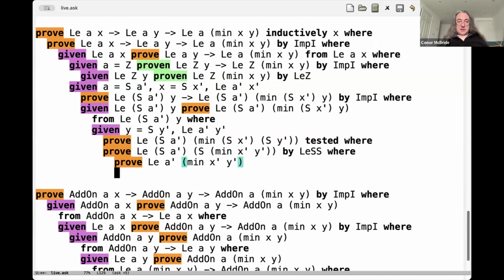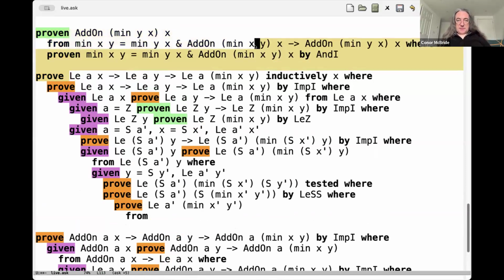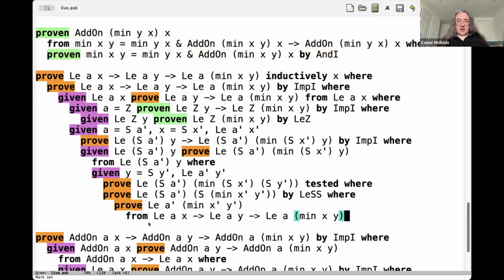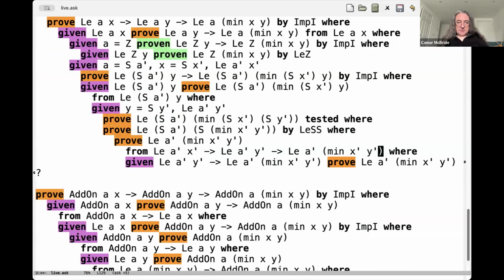What I do is I go from, and I grab my original goal, and I prime all the things. And it's happy for me to do that.